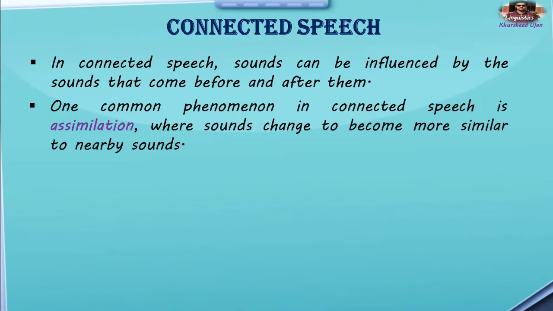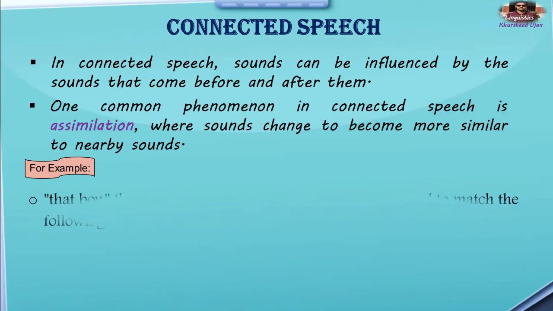One common phenomenon in connected speech is assimilation, where sounds are changed to become more similar to nearby sounds. So assimilation is one of the ways of connected speech, where sounds are affected or change their pronunciation.